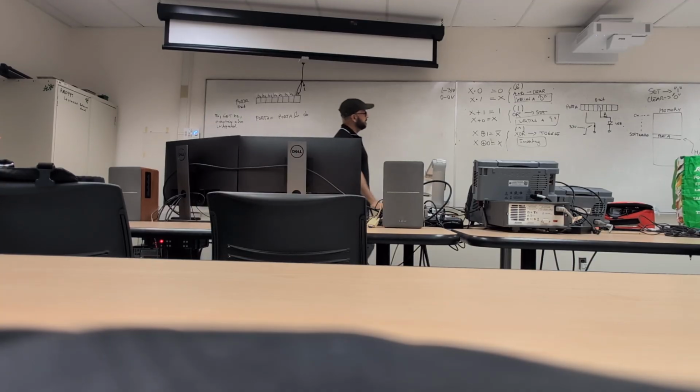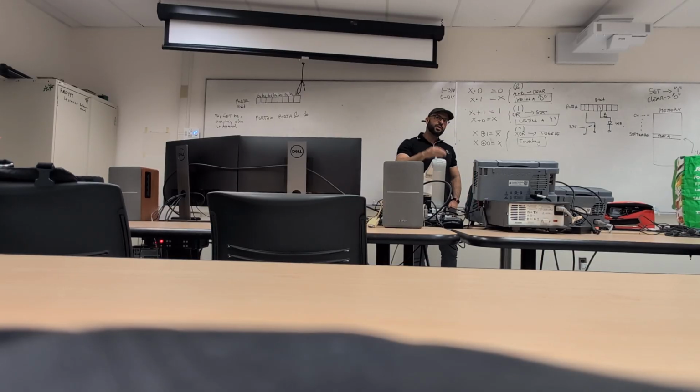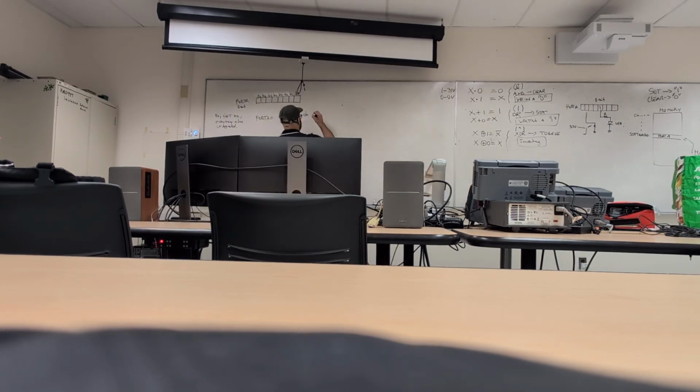Now, how do I set? With an OR. In order to guarantee a 1, I need a 1 on bit 2. So I'm going to write all the bits here: 1, 2, 3, 4, 5, 6, 7, 8. Bit 0, bit 1, bit 2. This one needs to be a 1. It's got to be OR.